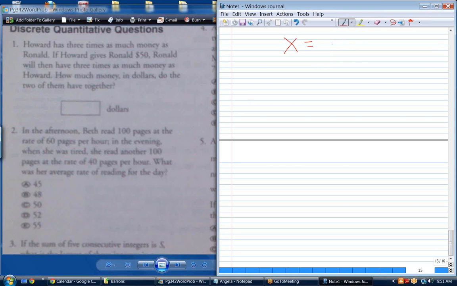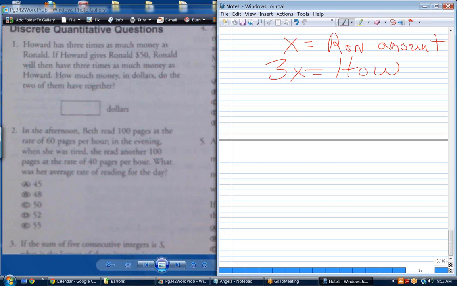Howard? No. Because Howard has 3 times as much as Ronald, it's easier to make x equal Ronald's amount. You see why? Because now 3x is Howard. I could have let Howard be x, but then I would have had to use 1/3 x for Ron. And I would prefer to stay away from fractions.